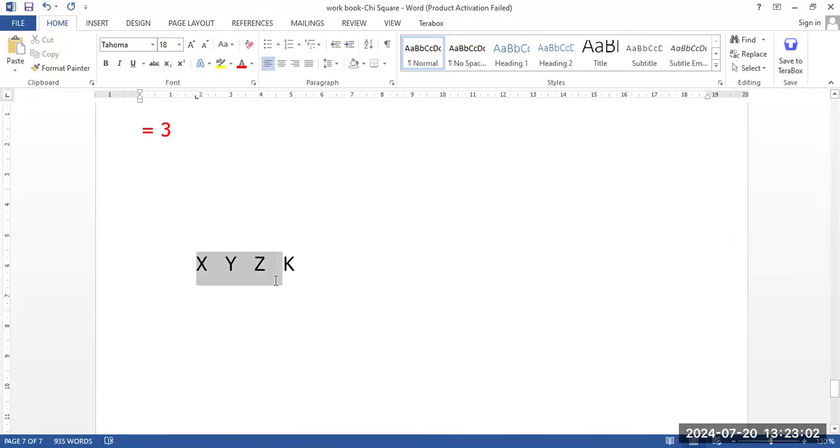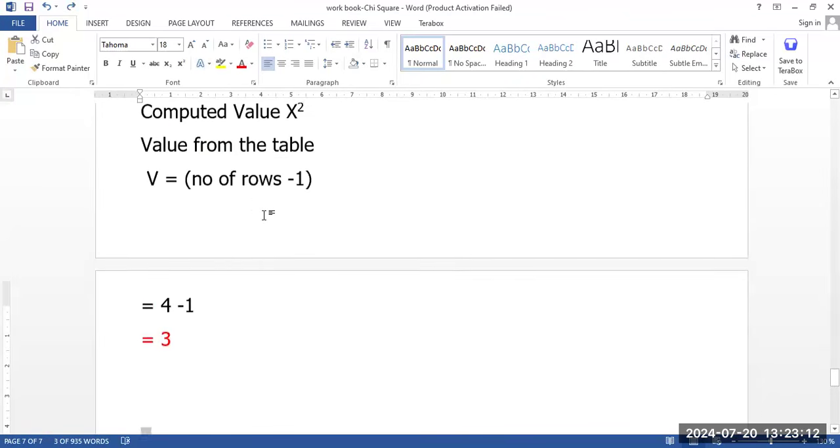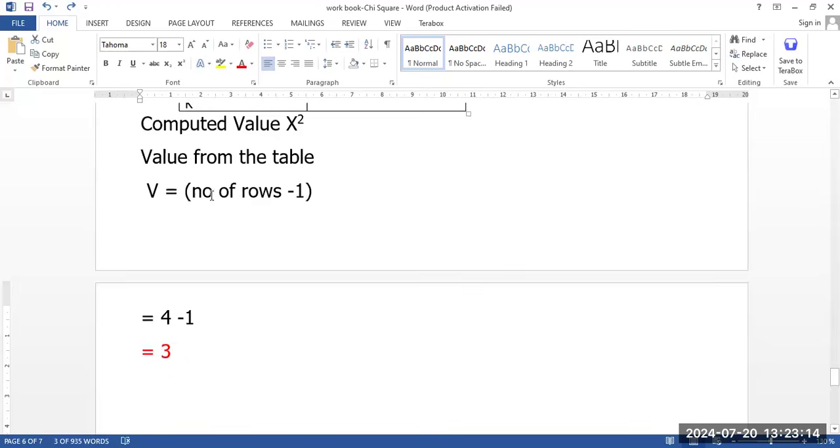So it means that you'll be having one row, but with 4 columns. First column, second column, third column, and fourth column. So ideally here for you, you'll be having a number of columns minus 1. And your answer will be 3.